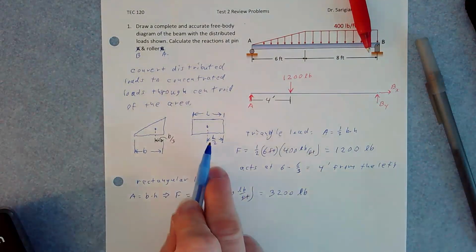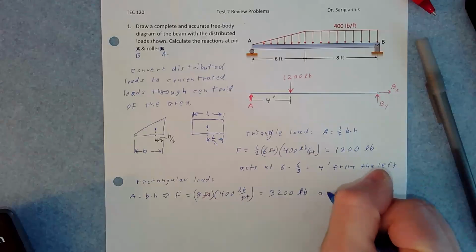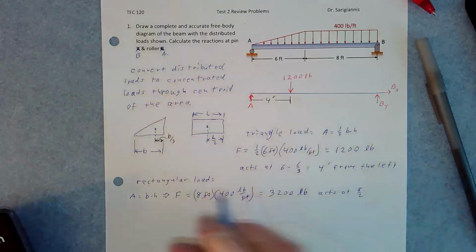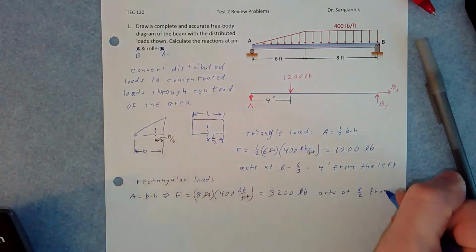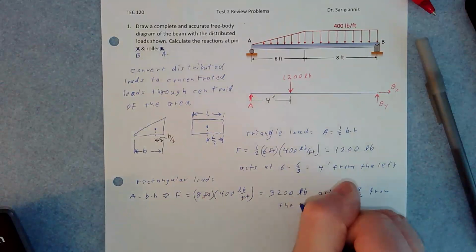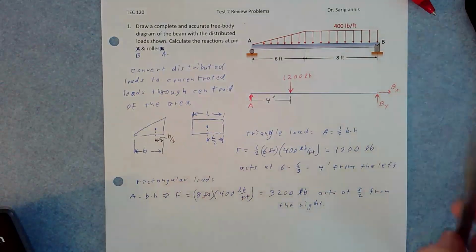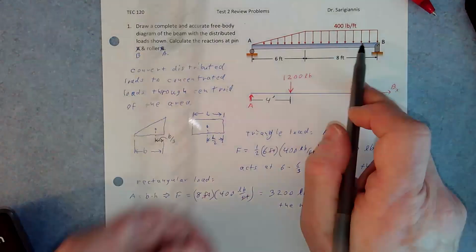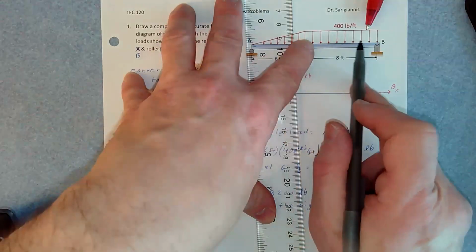And this is just acting at 4 feet from either direction. So this acts at 8 divided by 2. So 8 is the length. 8 divided by 2 is 4 feet from one end. So we'll put another line in there. Let's see, how many lines? 1, 2, 3, 4, 5, 6, 7, 8, 9.